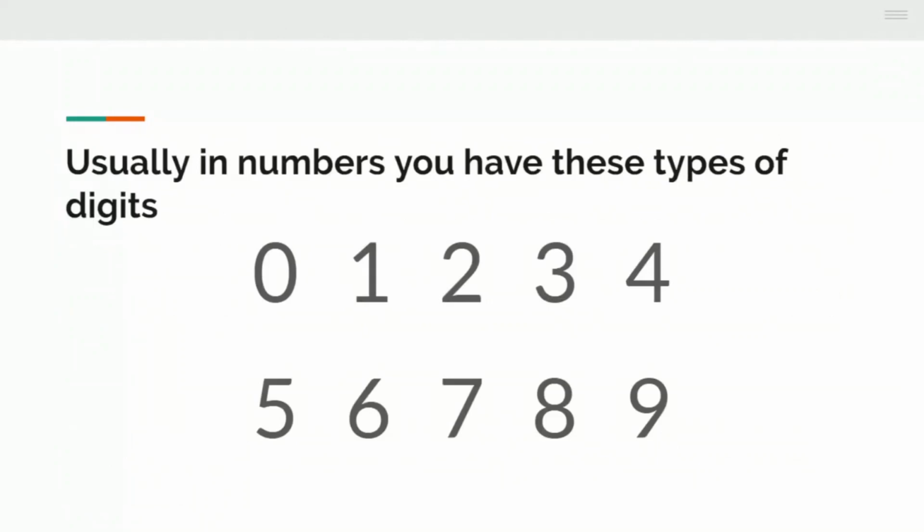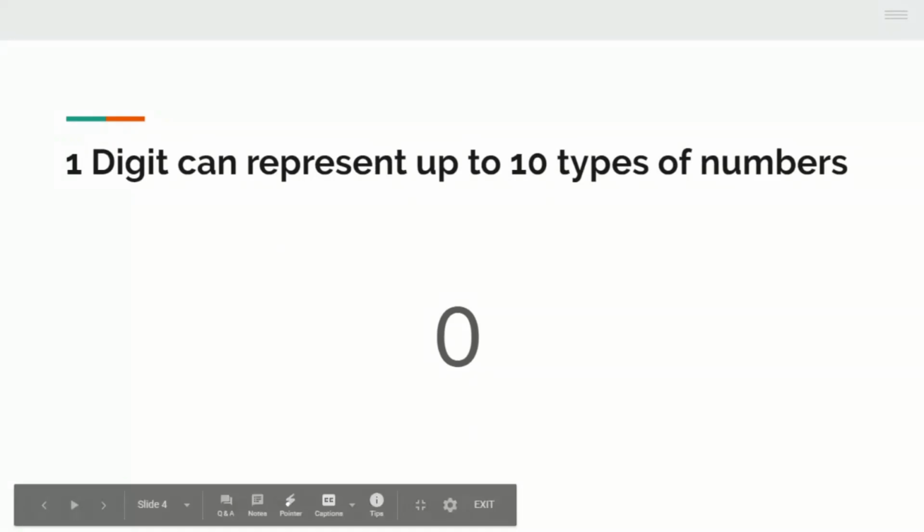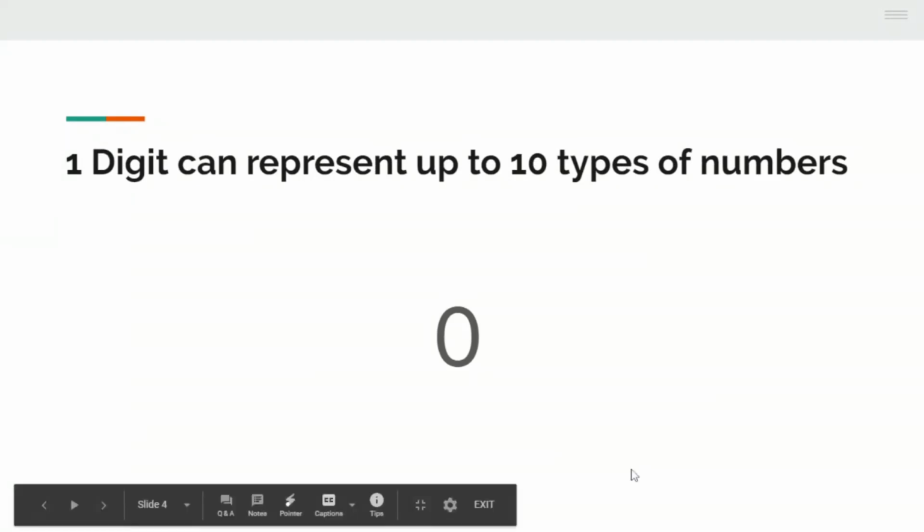So, firstly, usually when you look at numbers, you have 10 kinds of digits, from 0 to 9. Let's say you have one digit position, you can represent up to 10 types of numbers, from 0 to 9.